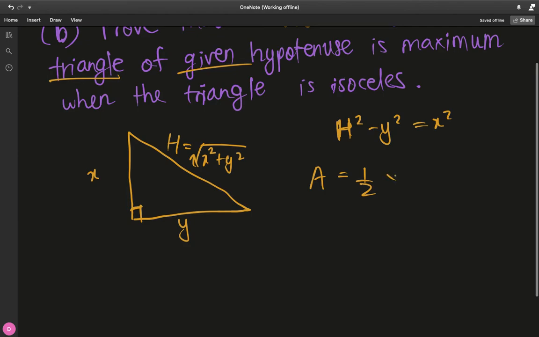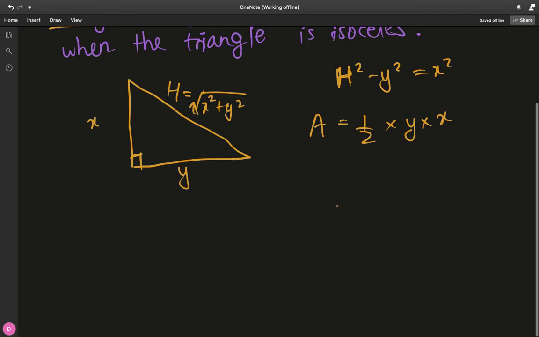Half into the length of the base, which is y, and the length of the height, which is x. Half into base into height, basically. Okay, but we need to maximize this. So we need to differentiate area and set it to 0. But we have two variables. So let's write x in terms of y.